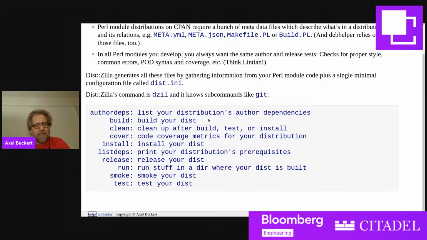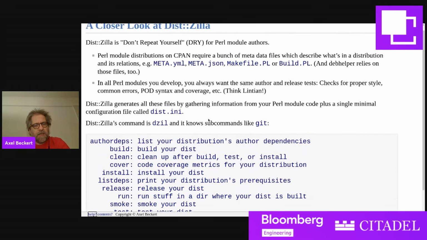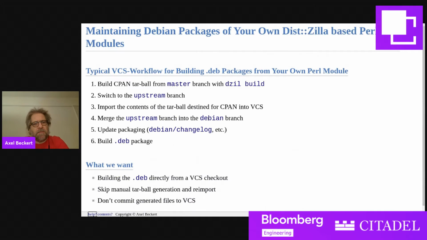So this is nice if you work only with Perl modules directly. But if you want to have a Debian package, there's stuff missing, for what is required by Debian or expected by debhelper.